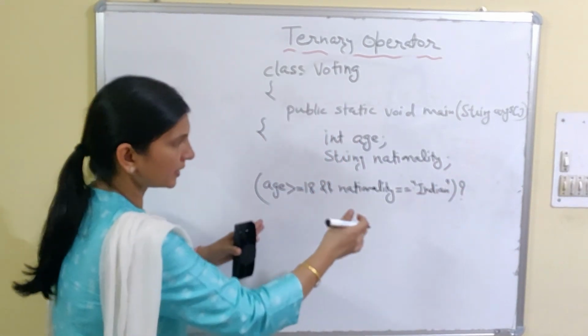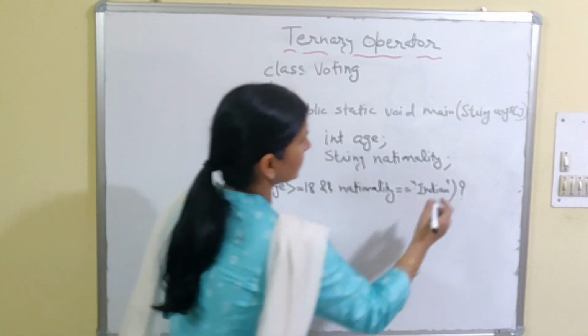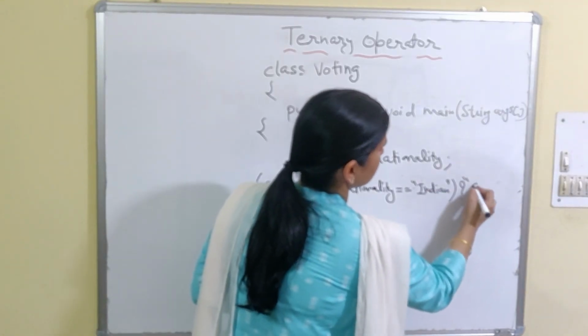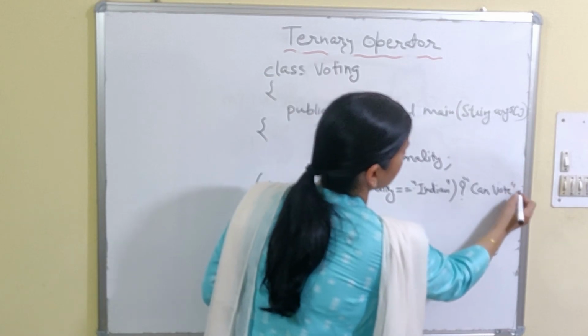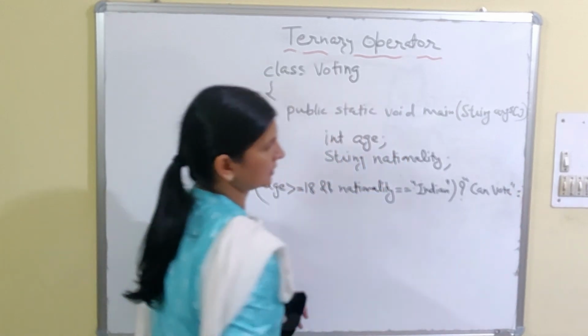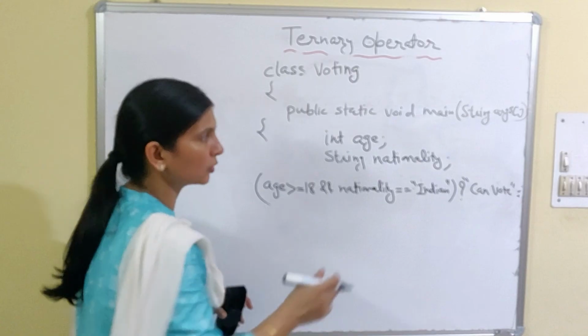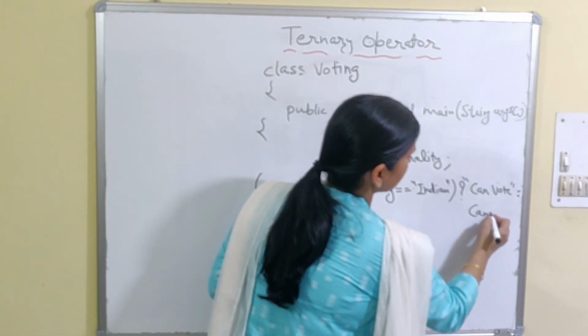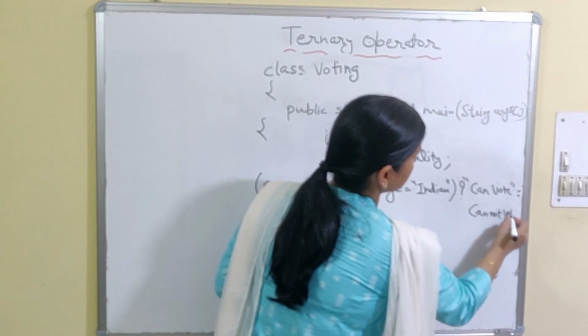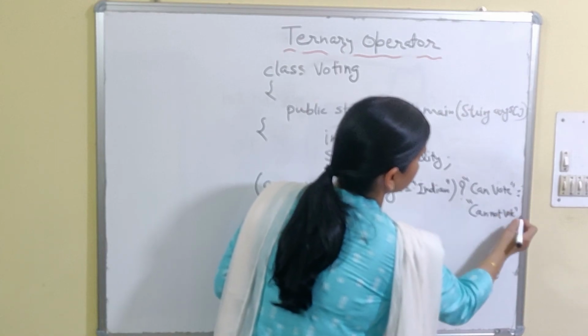If this whole is true, then what message should be assigned? Can vote, inverted comma, close, colon. Can vote within inverted comma, colon, can't vote or cannot vote within inverted comma.